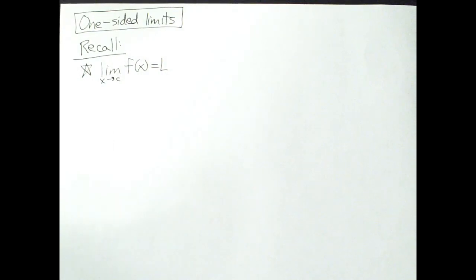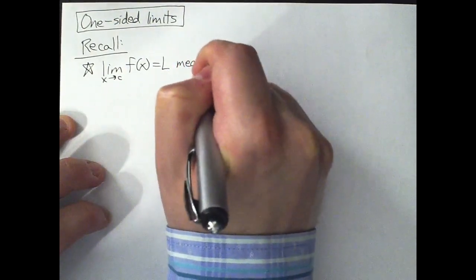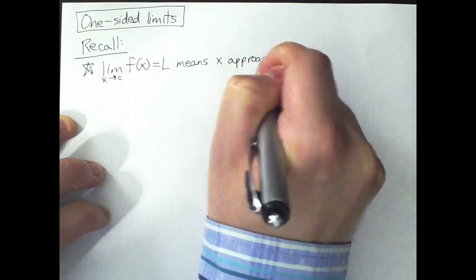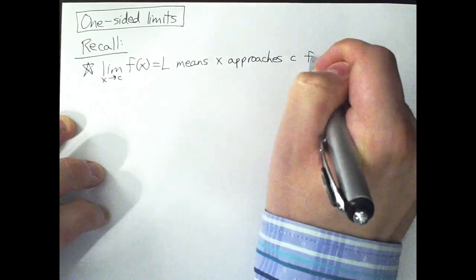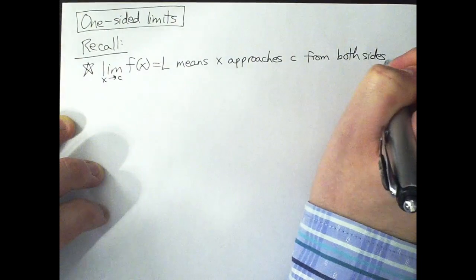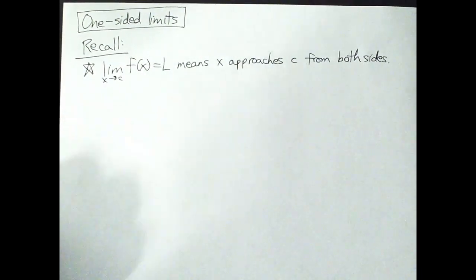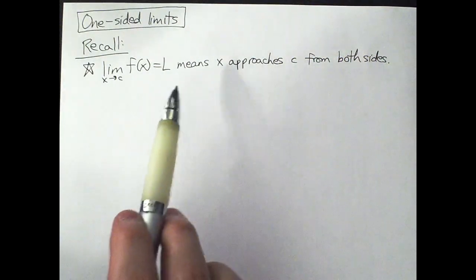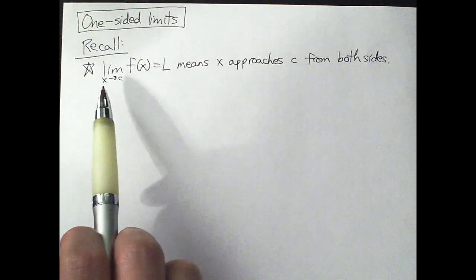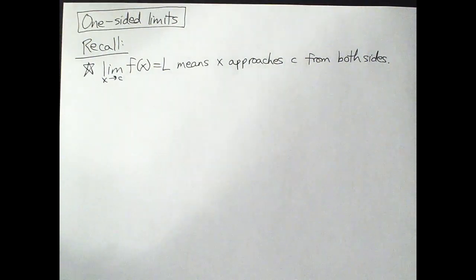The limit of f of x as x goes to c equals L means that x approaches c from both sides. There's more to it than that, like getting f of x arbitrarily close to L, but the point I'm highlighting is that x has to approach c from the left and from the right if we were to graph it.